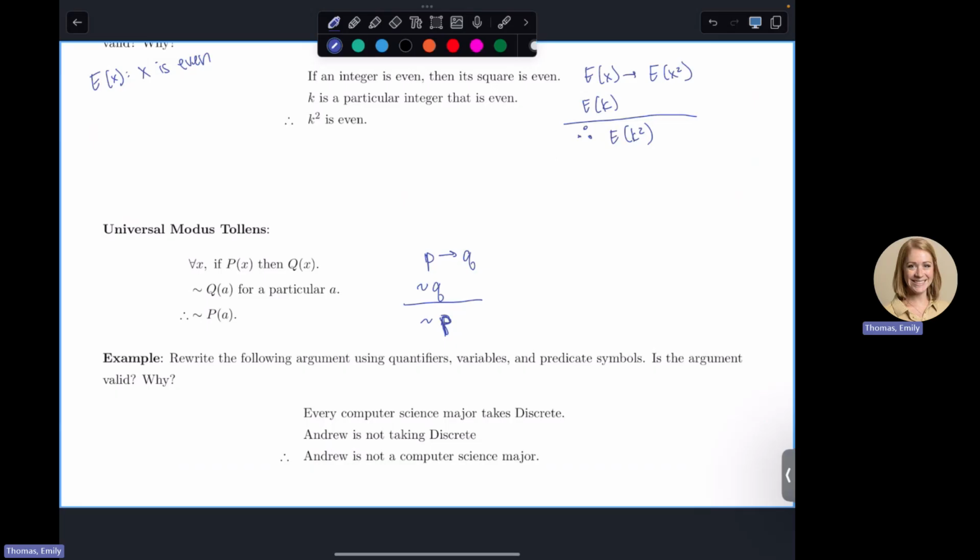Therefore, Andrew is not a computer science major. So if we wanted to assign predicates here, C of S means that student S is a computer science major. Let's go with D of S is that S is taking discrete.